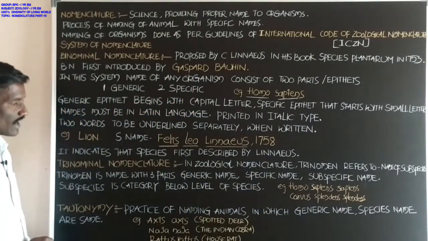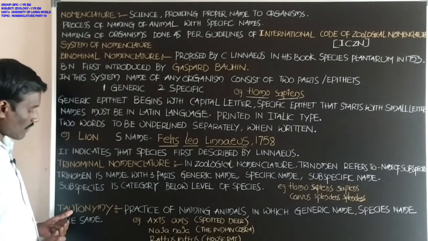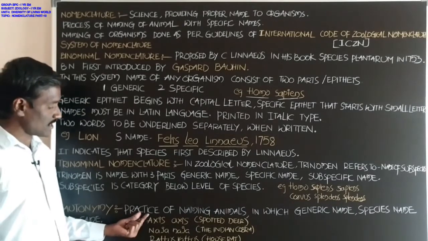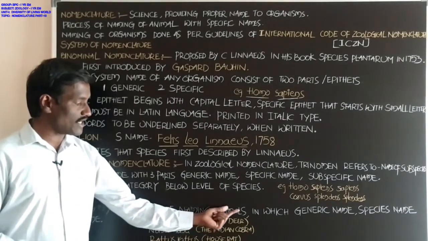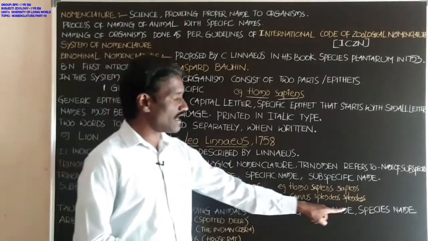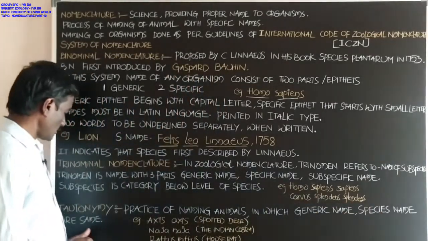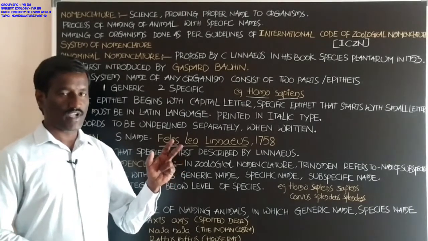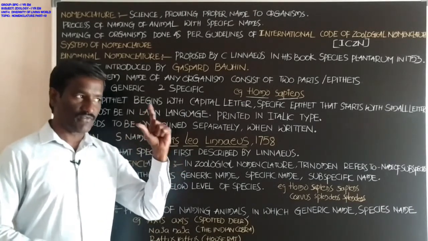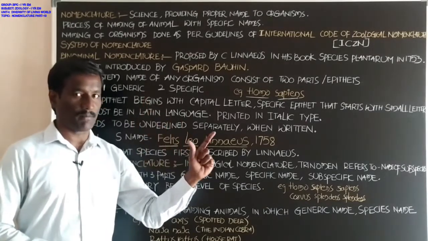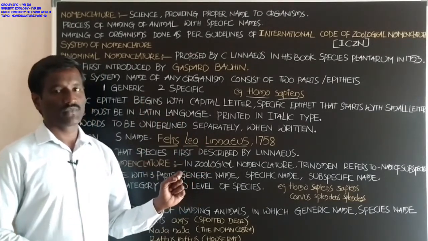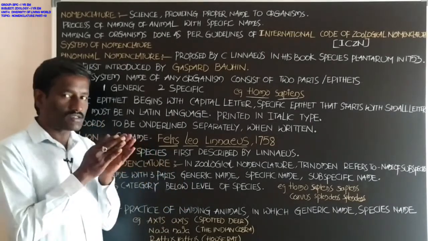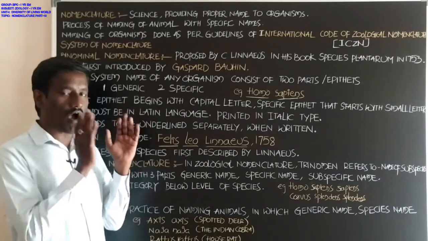Next, another one, students: tautonymy. Tautonymy is the practice of naming animals in which the generic name and specific name are the same. When you observe the scientific name of an animal and the generic name and specific name are the same, that is called tautonymy.